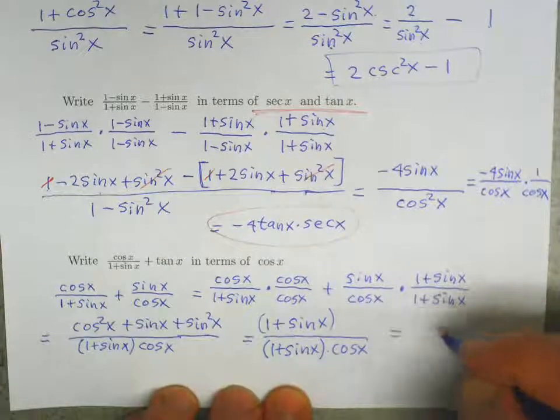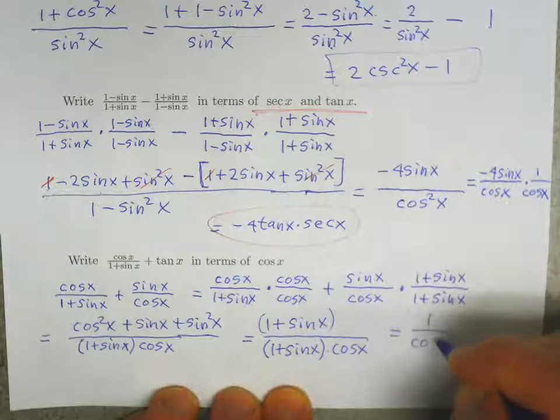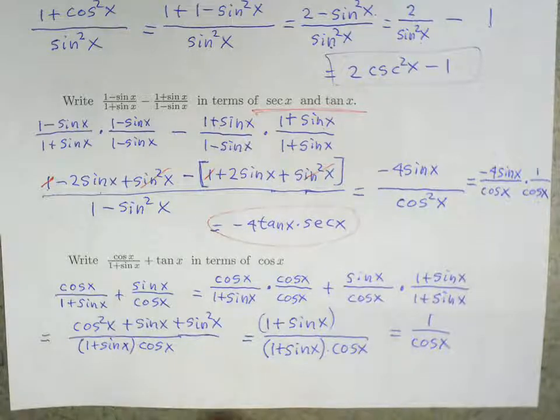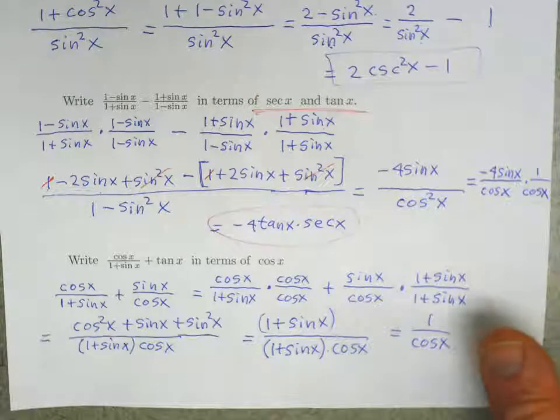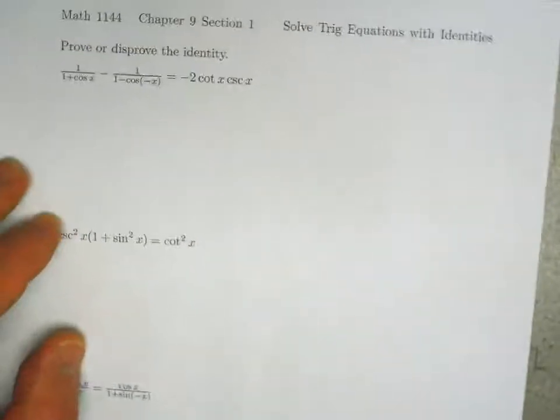So we get 1 divided by cosine of x. Since we were supposed to write that in terms of cosine of x, then we leave it as 1 over cosine of x. Okay, we still have even more to do.